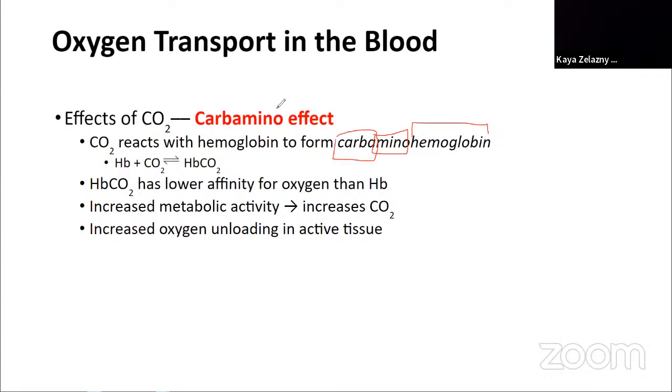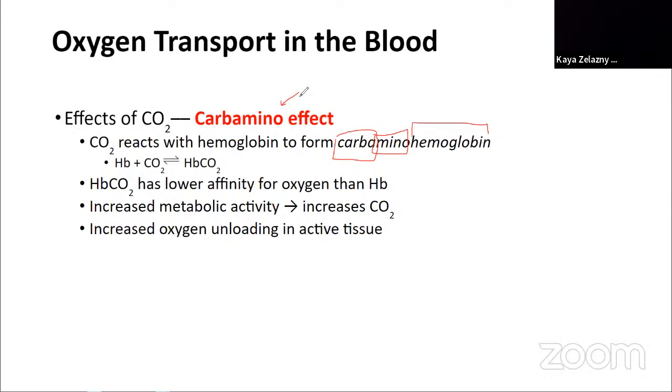So the carbamino effect is telling us that when we bind carbon dioxide onto hemoglobin, we produce carbaminohemoglobin. Carbaminohemoglobin, the hemoglobin with a carbon dioxide bound onto it, can still bind oxygen, but it has a lower affinity for oxygen than deoxyhemoglobin itself does. So once we put some carbon dioxide onto the hemoglobin, it becomes harder for oxygen to get onto that hemoglobin.